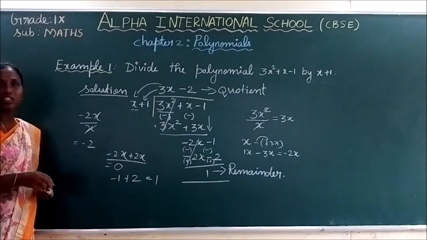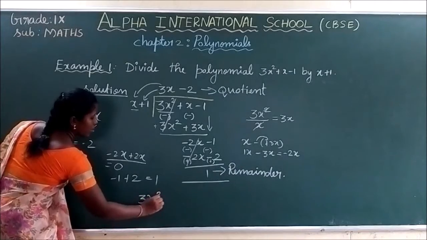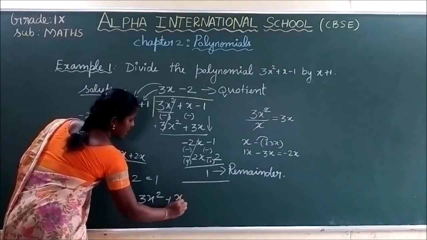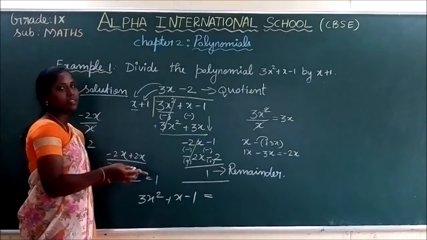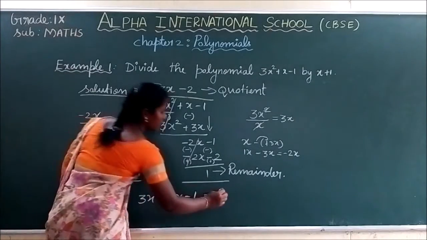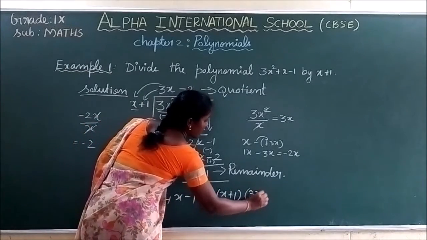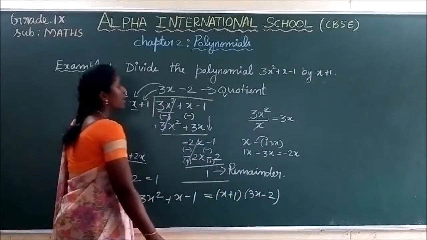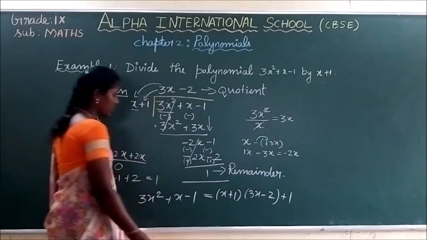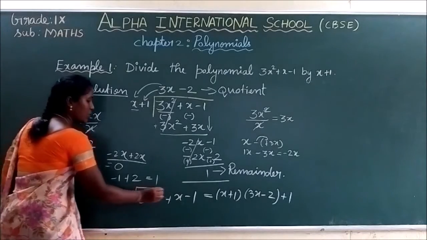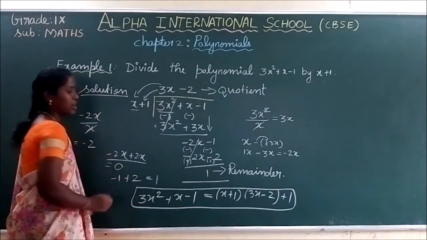How can you write the relationship? 3x square plus x minus 1 is equal to divisor into quotient plus remainder. So what is the divisor? X plus 1. What is the quotient? 3x minus 2. And what is the remainder? 1. So we got the relationship, with the quotient, divisor and remainder.